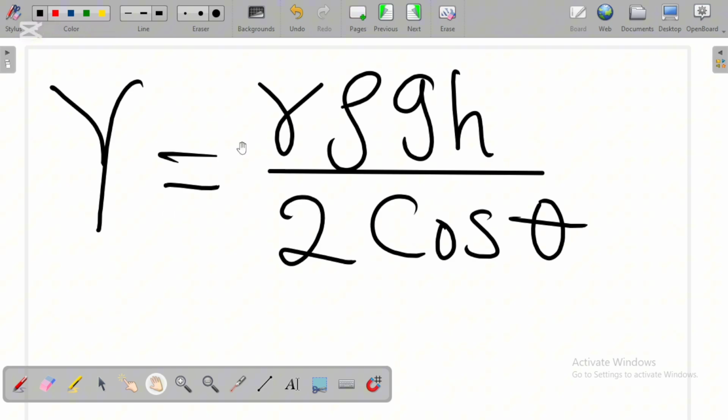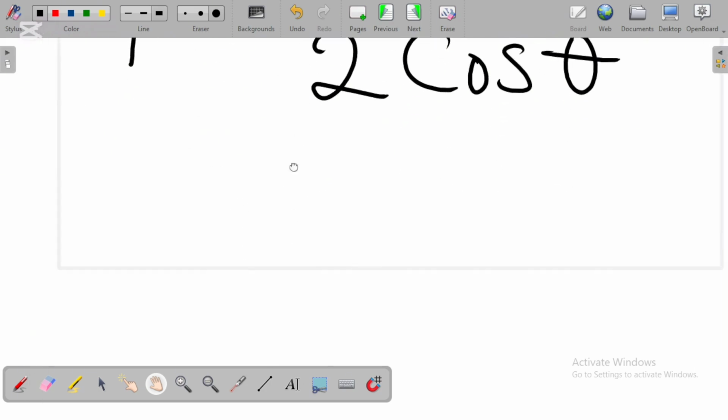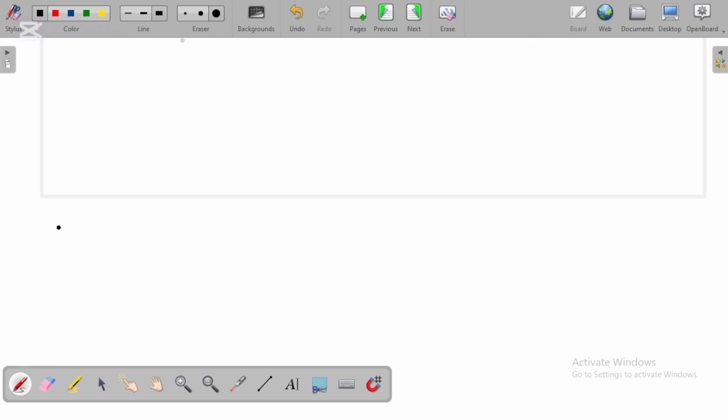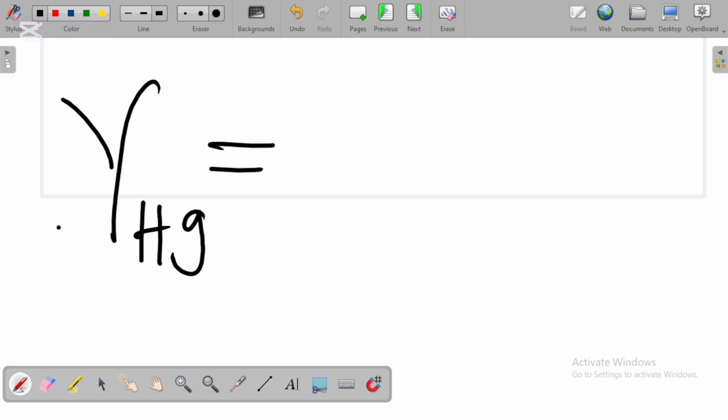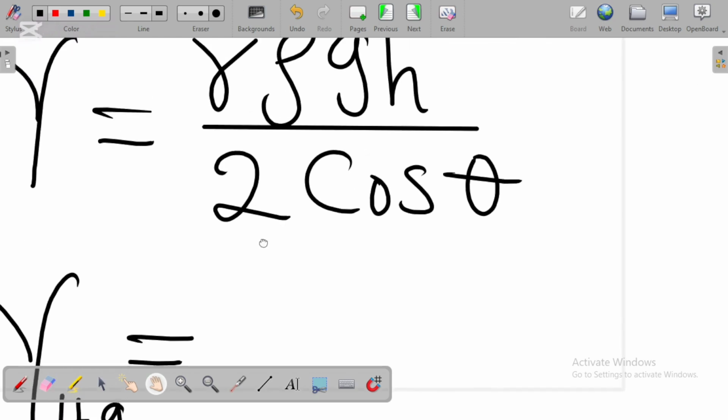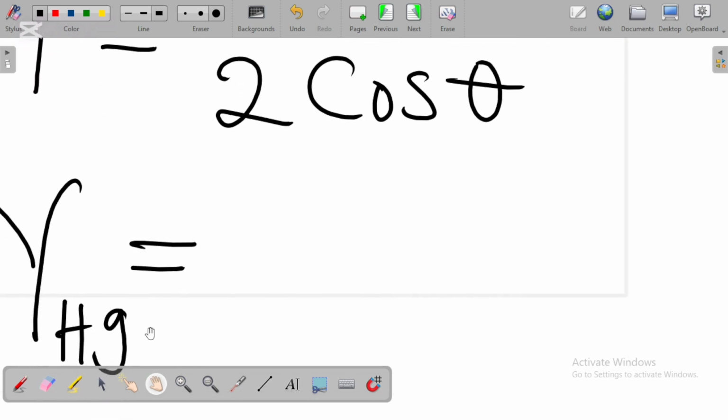Alright, so see, this is the formula of surface tension. Now we are asked to find the surface tension of mercury. So therefore, surface tension of mercury is equal to, we have r here. So we write r. r is a general term.